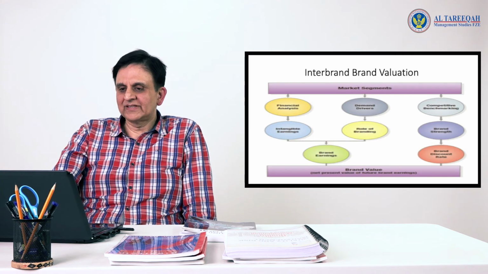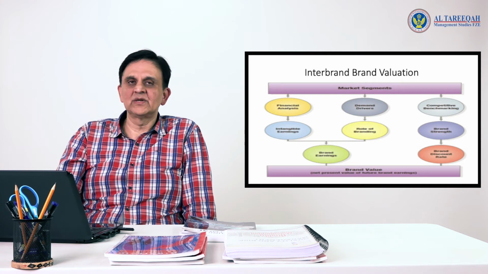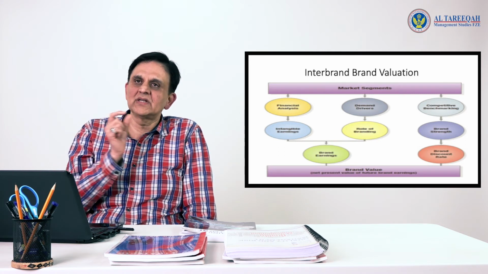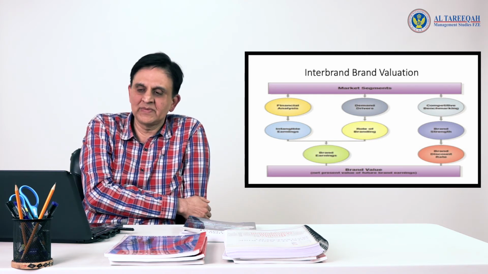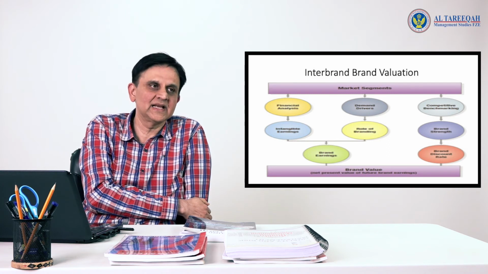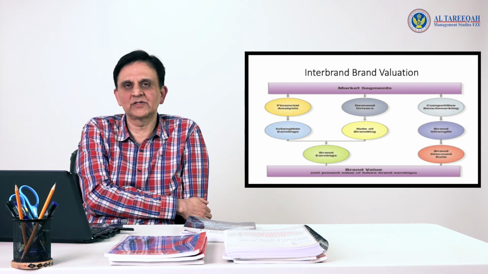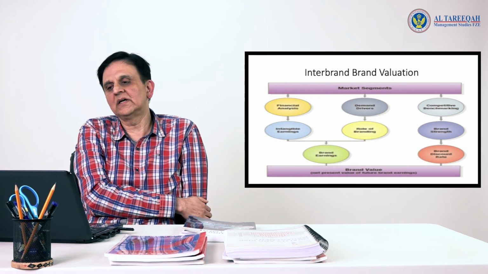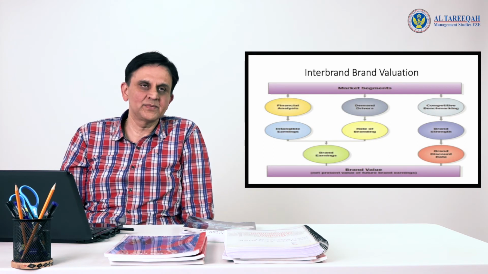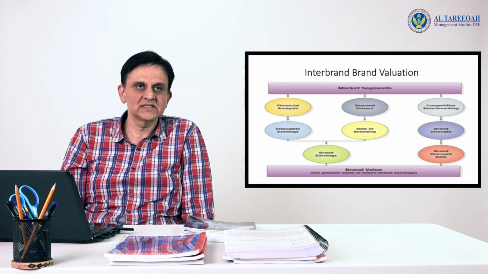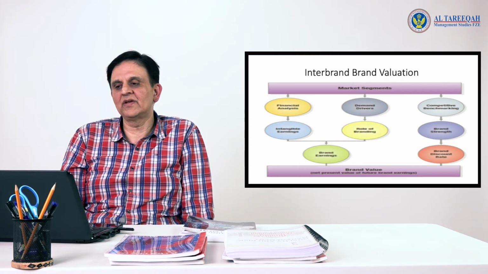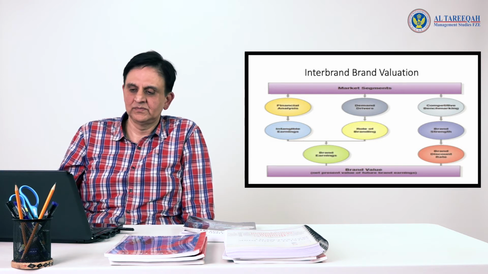Interbrand has its own methodology, but it looks at two aspects, the financial as well as the perception measures. The financial is basically nothing else but a mix of market capitalization and certain aspects of market share. And on the perception side, it looks at brand awareness and brand image to be able to give you a single composite number on brand value.